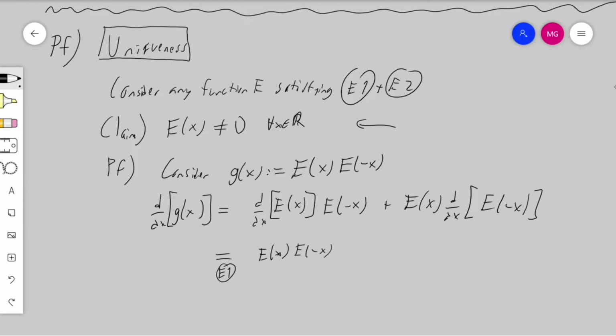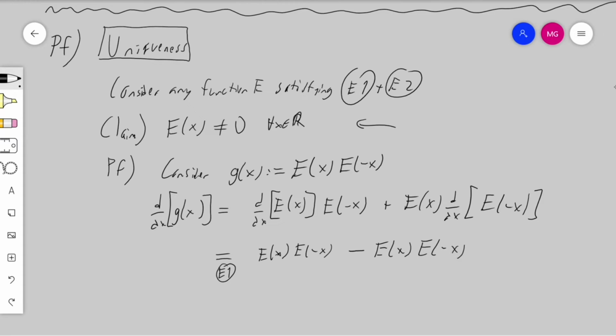And then for the right-hand term, the derivative of e is still itself, but now we have to include a minus sign due to the chain rule, since we have a minus inside the argument. So the plus becomes a minus, and this is still e of x times e of minus x.